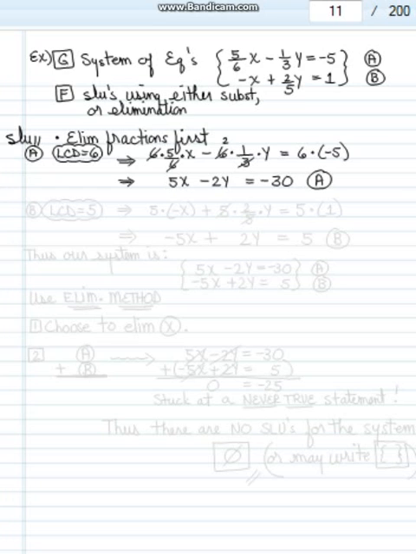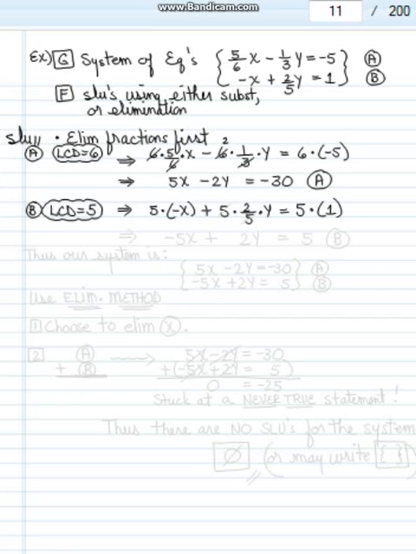Now let's do a similar thing to B. For equation B, the least common denominator, LCD, is just the only denominator, 5. So we'll multiply both sides of equation B by the LCD 5. 5 times the first term on the left, which is -x, plus 5 times the second term, 2/5 times y, equals 5 times the other side.